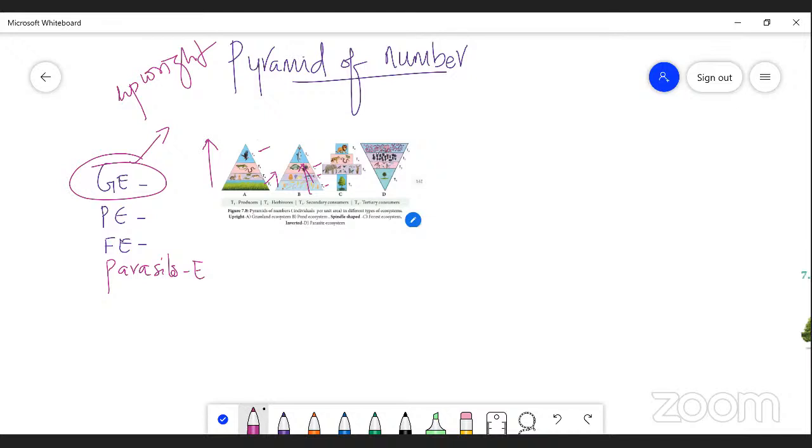The T2 organisms are fewer than T1. T3 has small fish and small insects, fewer than T2, and finally there are large fishes. So the number of organisms gradually decreases from one trophic level to another. The pond ecosystem is also always upright.